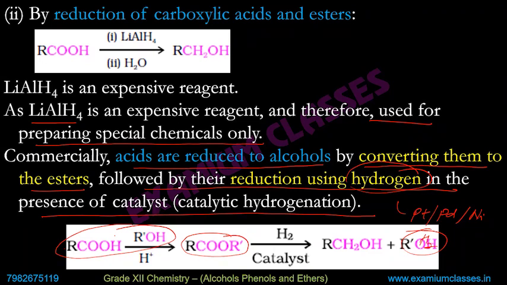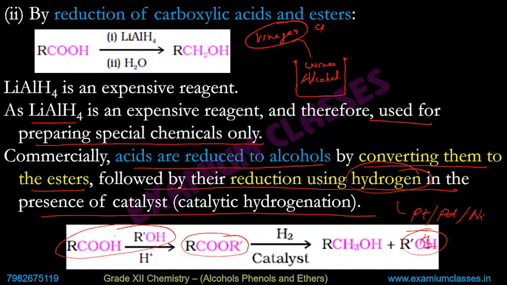One way I tell students if they are not able to memorize: you have alcohol here, and you know alcohol, wine, beer, whiskey, these are all alcohols, and you add vinegar into it. So you have wine here and you add vinegar into it. And what is vinegar?